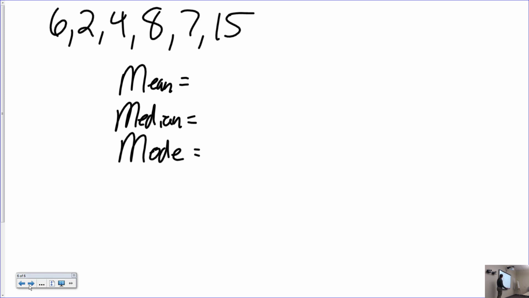Add them all up, divide by the number of numbers, which happens to be 6. You add all those numbers up, what do you get? The mean is 7. What's the median? 6.